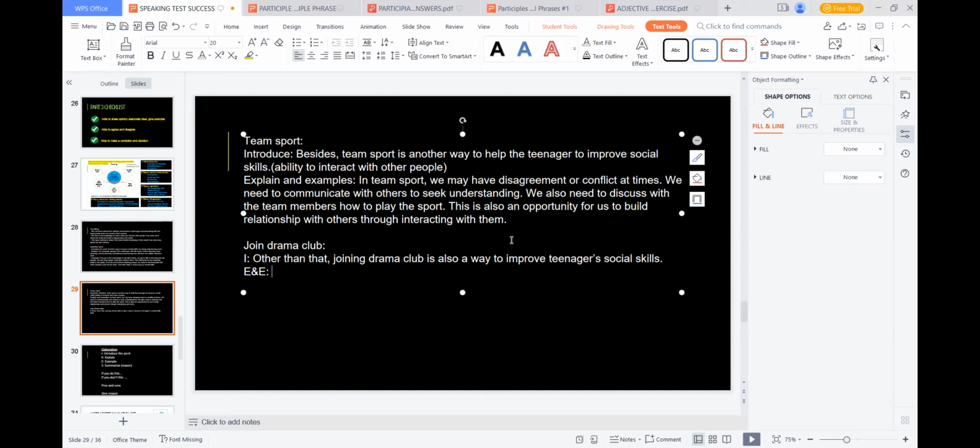Combine it, mix it to come out with a drama. Oh, to combine it. In drama club, I rephrase your good idea: we need to brainstorm. Brainstorm means you come up with ideas. You need to think and come up with ideas.